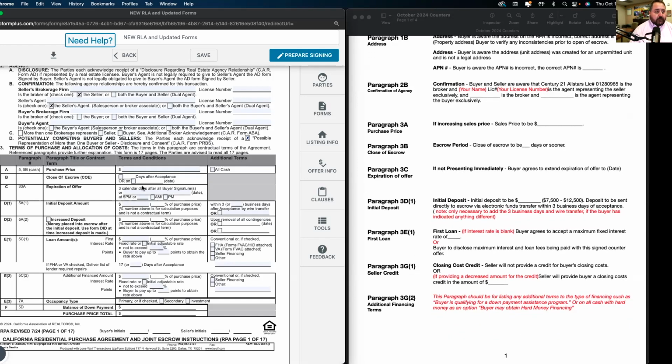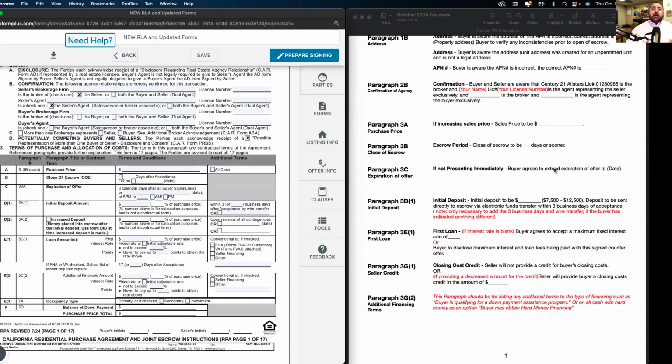Expiration of offer. Okay. If you haven't presented their offer before its expiration date, right? Because we all know that offers expire in 3 days by default. And most buyer's agents do not put an extended date on there. They just send them as they are, right?